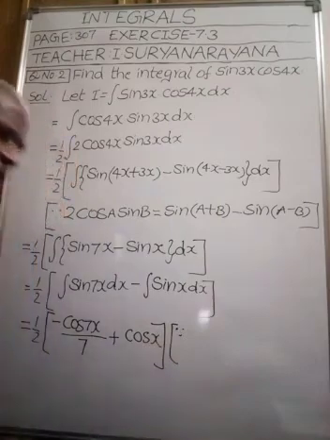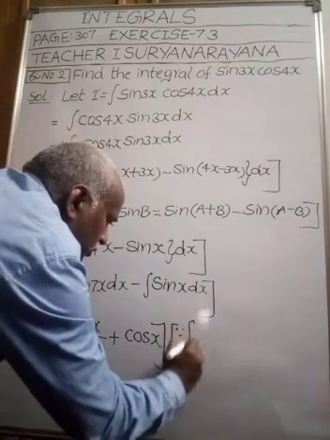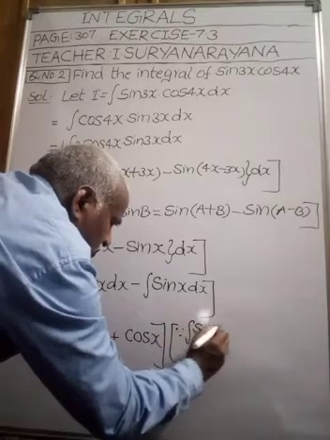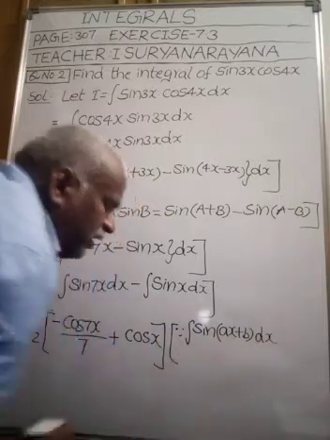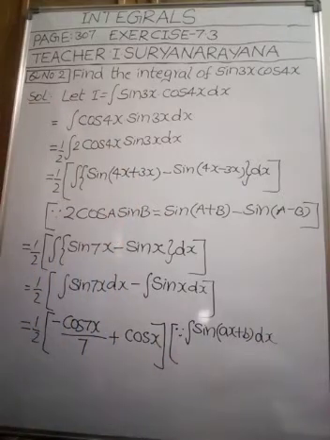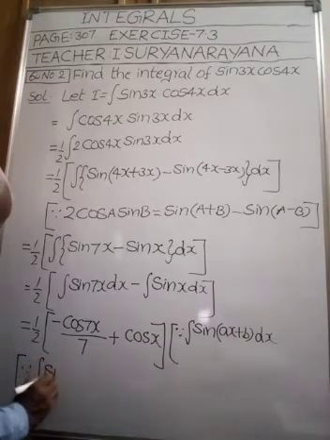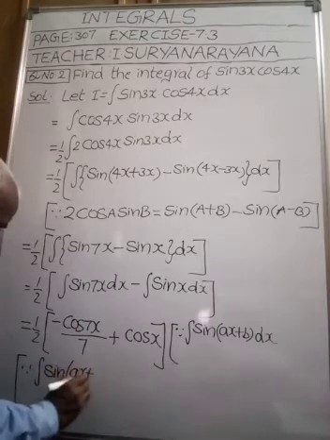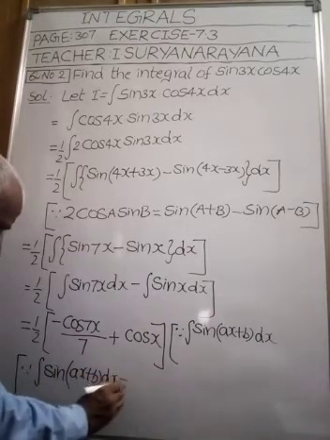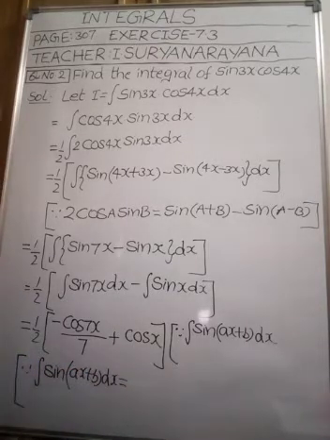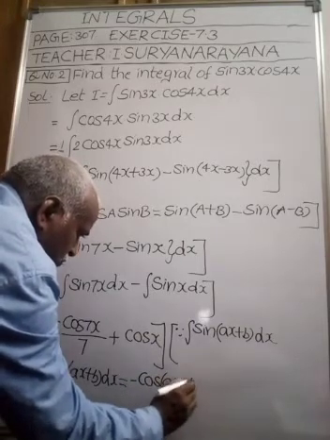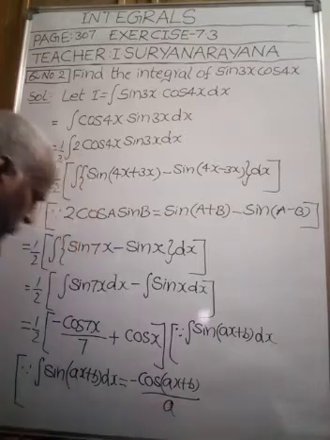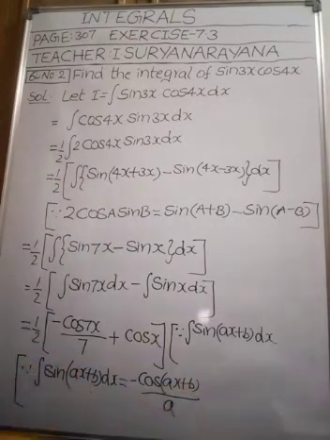Because I will write the two formulae. Integral sin of ax plus b dx is equal to minus cos of ax plus b, whole divided by a.